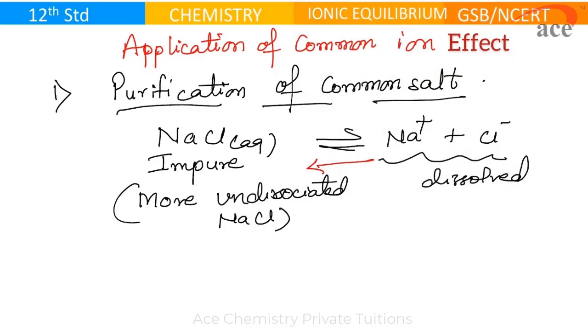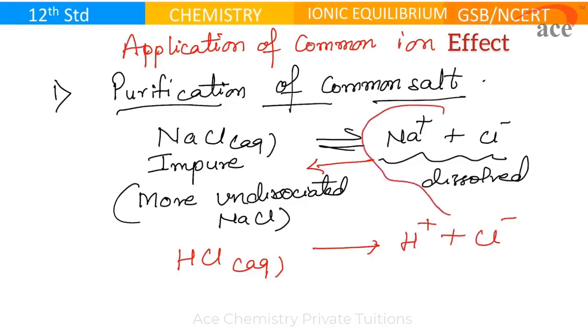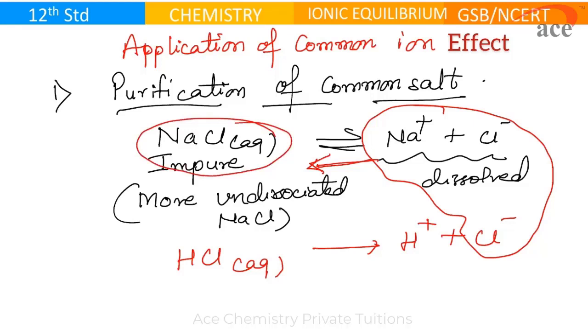So in that case we will use common ion, and we are going to pass HCl gas through the same aqueous solution. We get common ion Cl minus. So due to common ion of Cl minus, reaction will have shifting of equilibrium in backward direction, and this will suppress, reduce dissociation of NaCl. Means what?